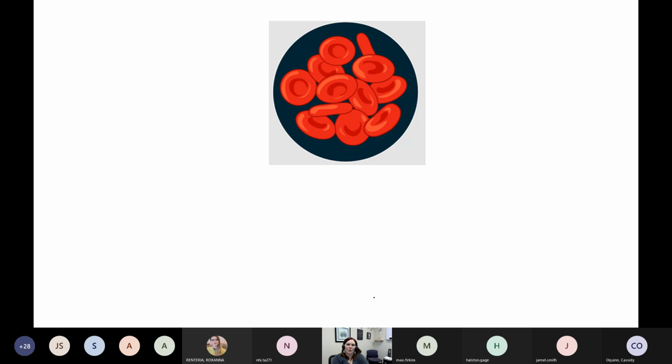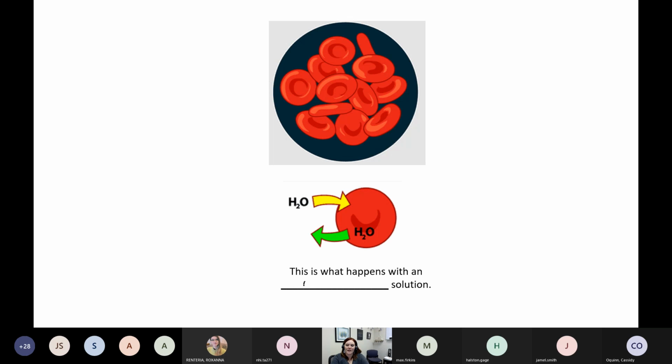Exactly. Yep, we're talking about a fluid called plasma. When we talk about plasma, the fluid that I find outside of my red blood cells, in general, in your body, we want our plasma to be isotonic, meaning the concentration of the liquids in our plasma outside our cells and the cytosol that's inside our cells, we want the concentrations to be the same.